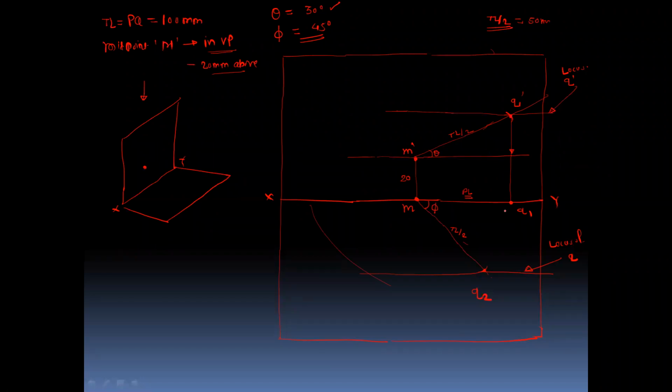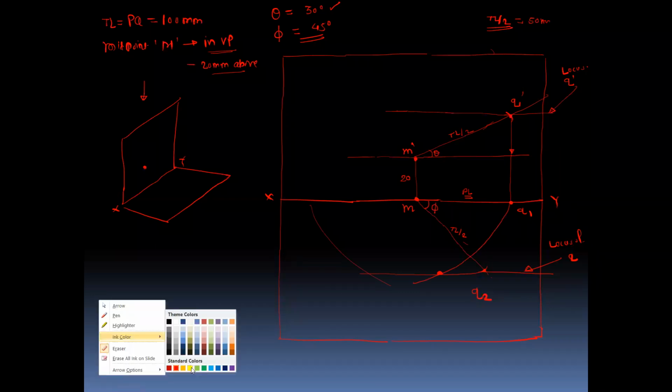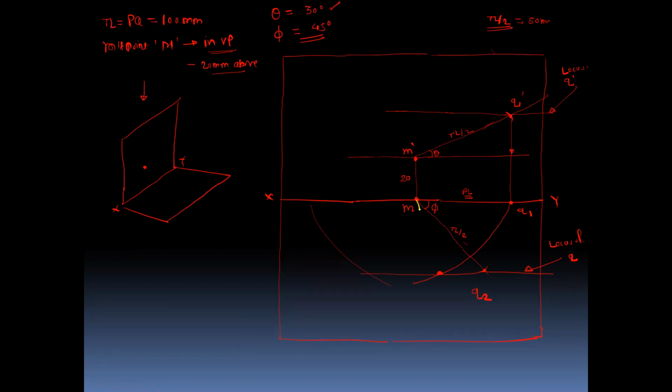So from this, if you draw the curve on the locus of Q, this is giving the actual top view. So this point will be the point Q.